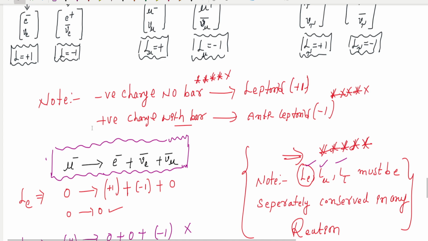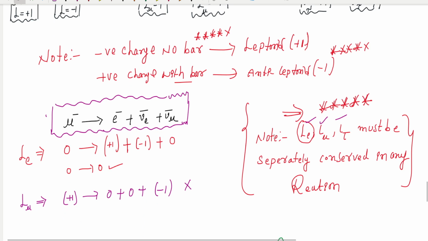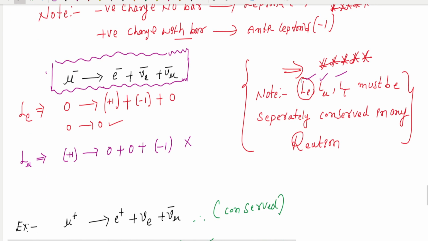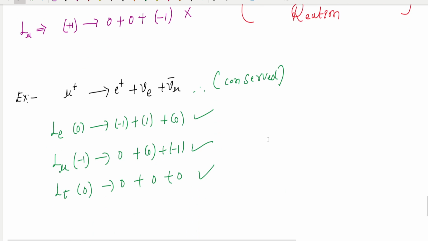The elementary particles with positive charge and a bar are under the anti-lepton category. Next, you need to check this order. In most cases, if you check the e category and mu category, it is conserved, and automatically tau is also conserved. Or else you need to check all three and only then is it conserved.